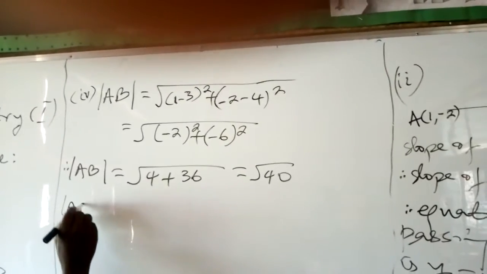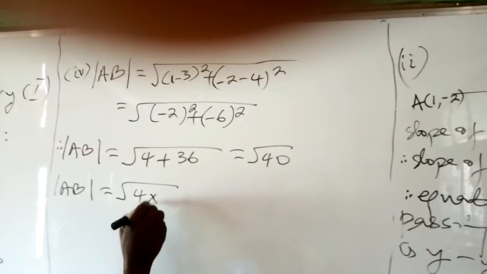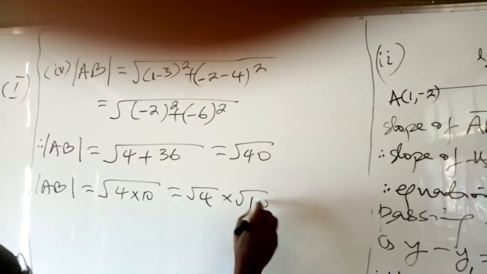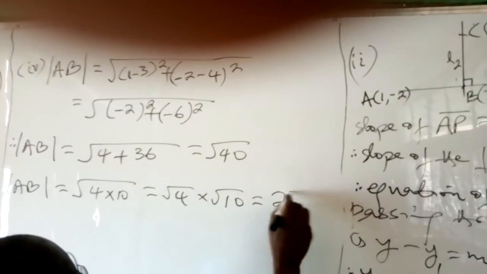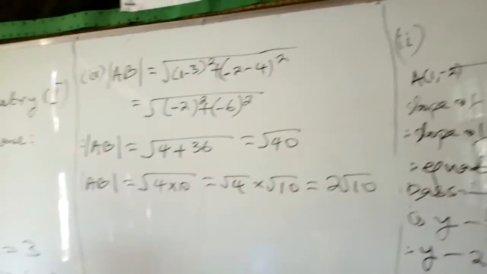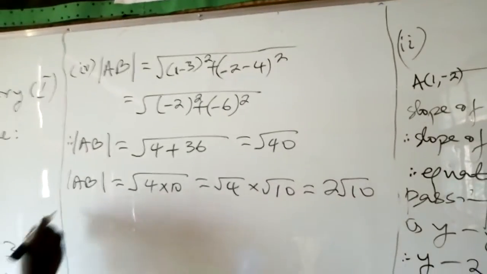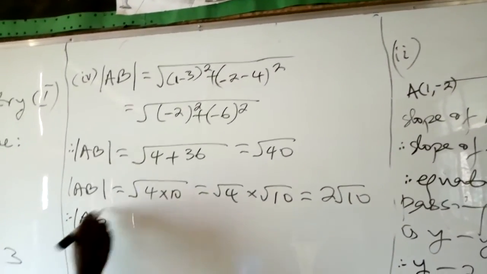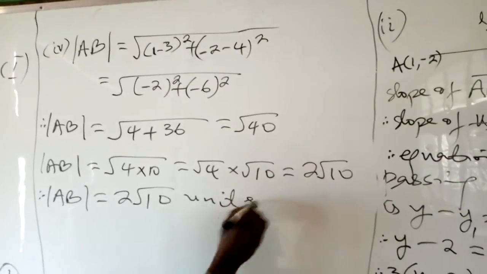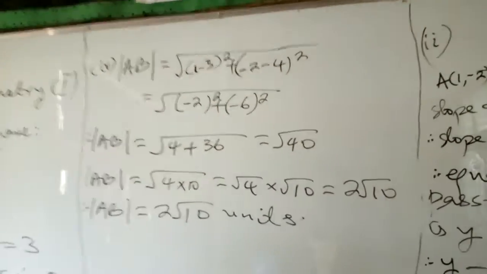So AB is equal to the root of 40, which is the root of 4 times the root of 10, and that is 2 root 10. That is my AB, 2 root 10 units.